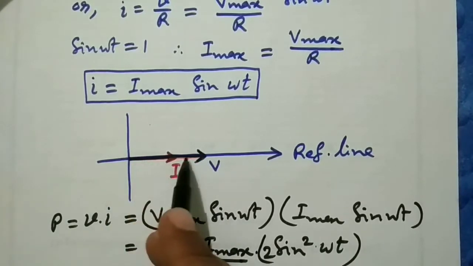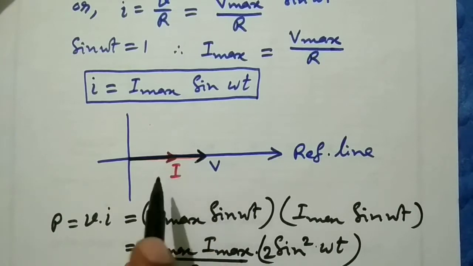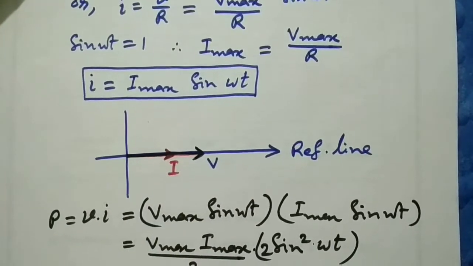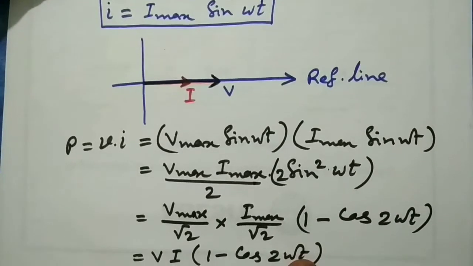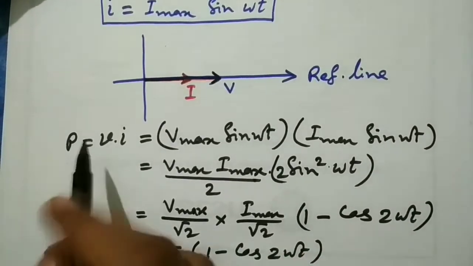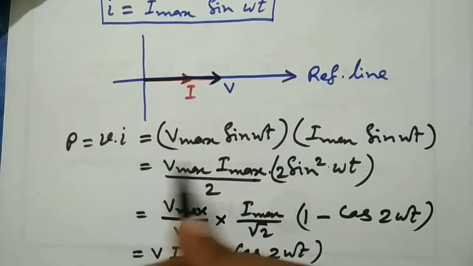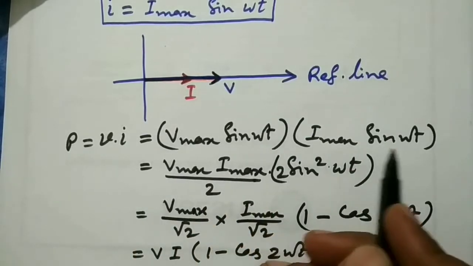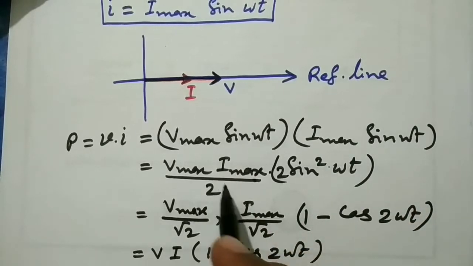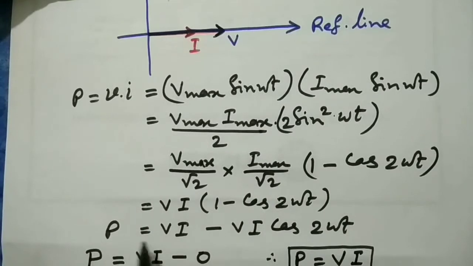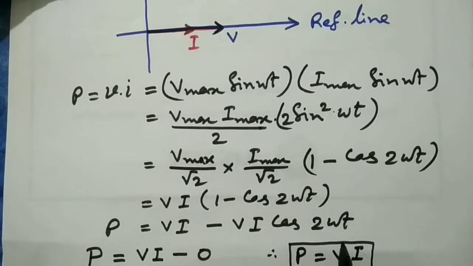So these two are in phase, or the phase angle between voltage and current is equal to 0. The instantaneous power can be calculated by multiplying the instantaneous voltage and instantaneous current. So it is V max sin omega t into I max sin omega t. Then by simplifying, we get the instantaneous power equal to VI minus VI cos 2 omega t.